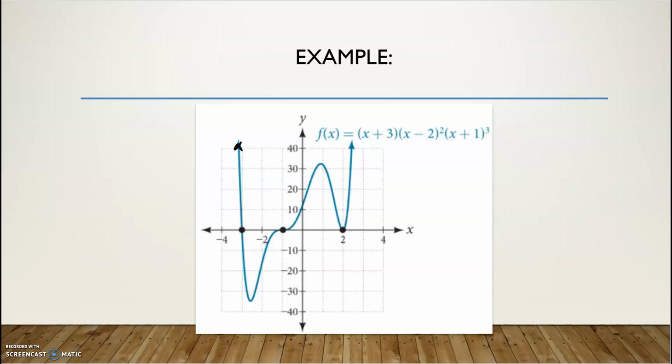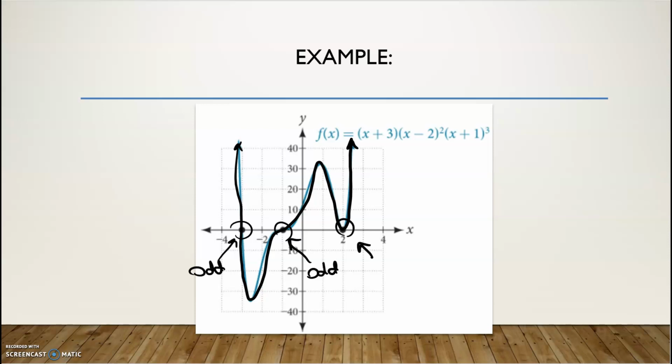So looking at this graph right here, notice I've got 3 different x-intercepts, or zeros, or roots, whatever you want to call them. These two right here cross over the x-axis, so they look like they have odd multiplicities.